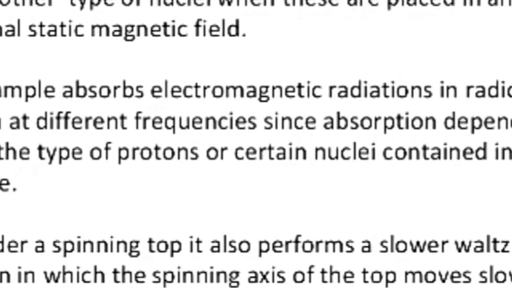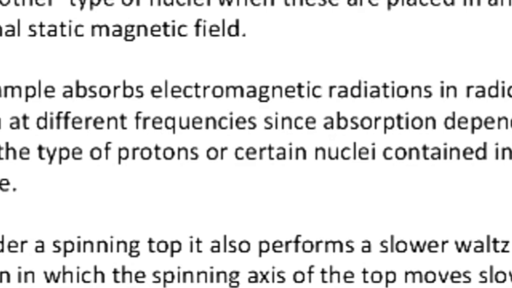Here we can see which radiation can be absorbed in NMR spectroscopy: electromagnetic radiation in radio wave region at different frequencies, since absorption depends upon the types of protons or certain nuclei contained in the sample. Consider a spinning top.